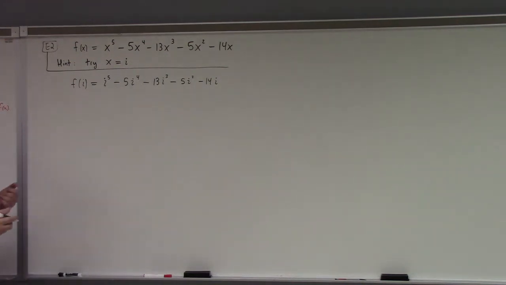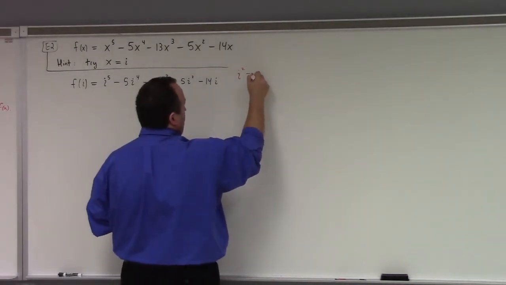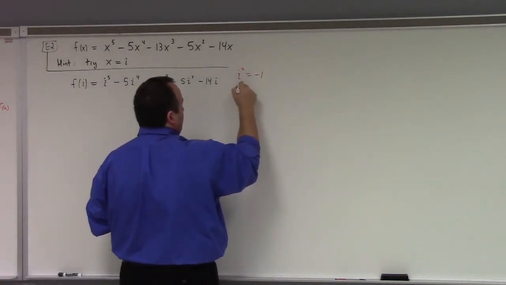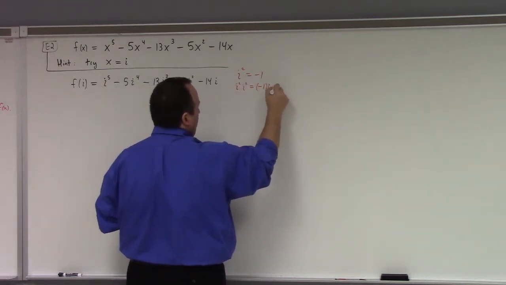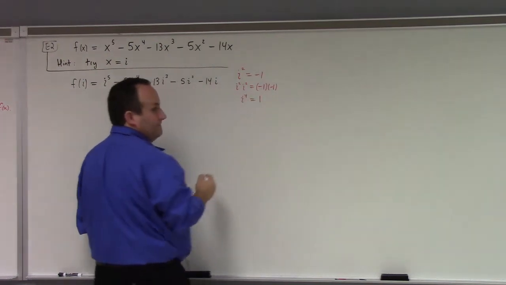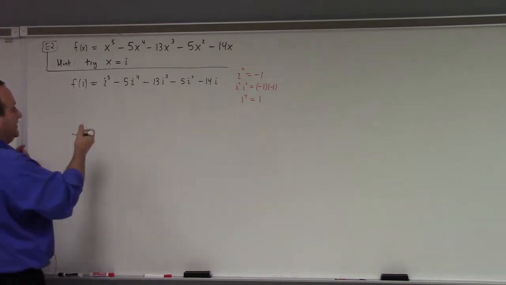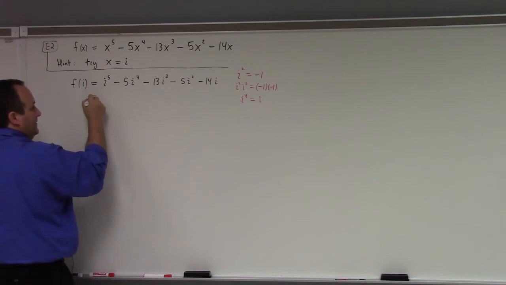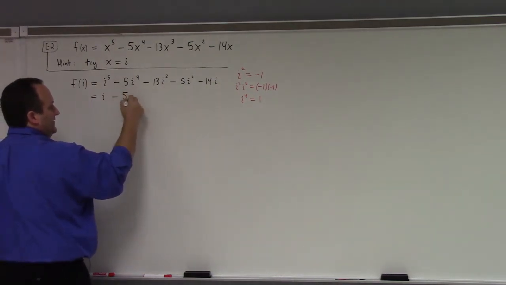The key idea with powers of i is that i squared is minus 1, so i to the 4th is i squared times i squared, which is minus 1 times minus 1, which is 1. So i to the 4th is 1, i squared is minus 1. That simplifies these down quite a bit. Like i to the 5th is just i to the 4th times i, so that's i.